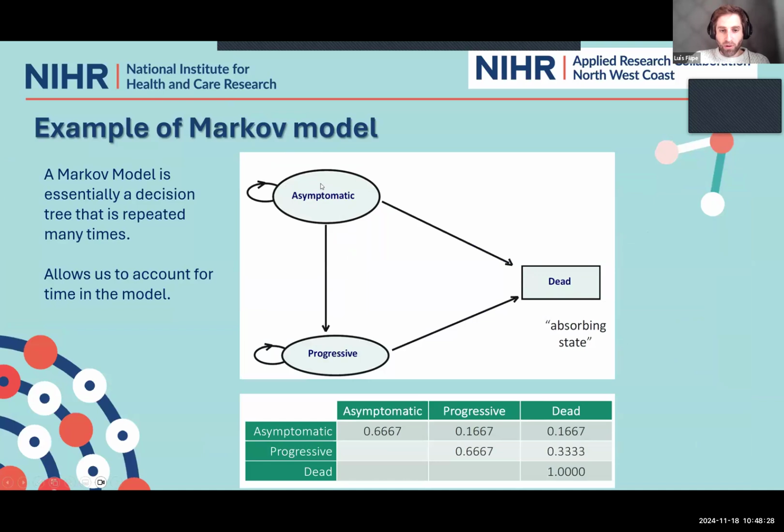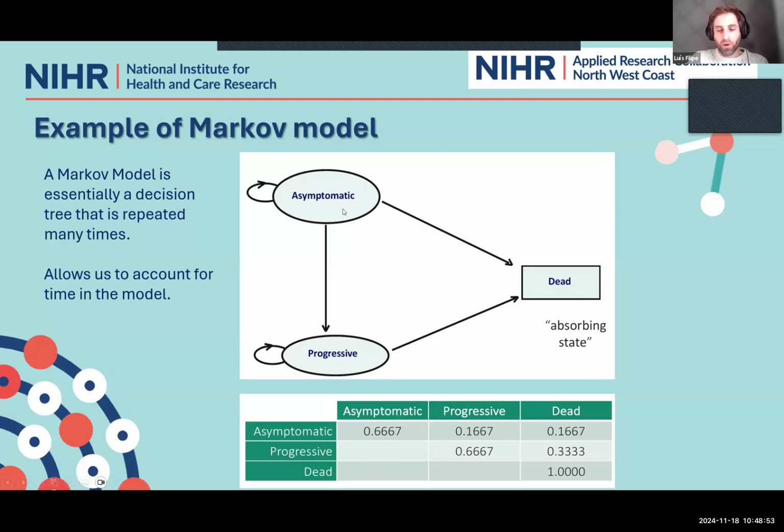Then you have the possibility of going to progressive, or you have the possibility of dying automatically, either because of natural causes or because of disease causes. Now, within progressive, again, you have the possibility of staying progressive, or you have the possibility of dying. Okay. So these are your states, and this is how you can move within your states.